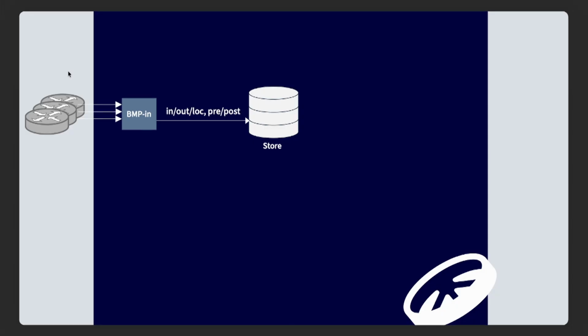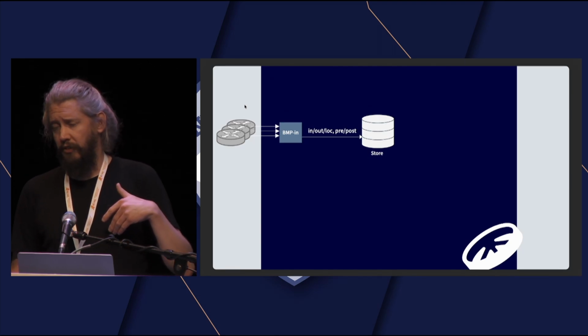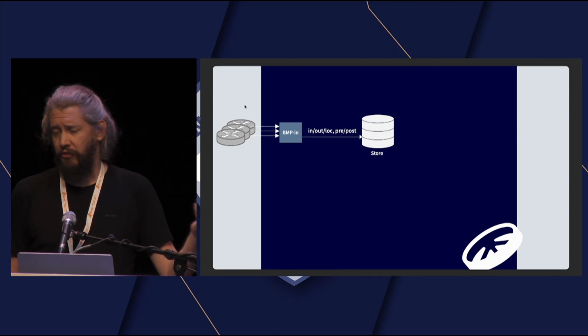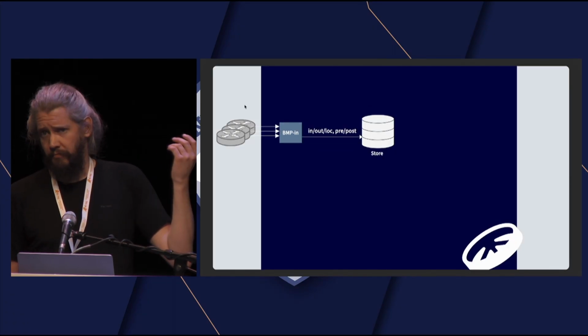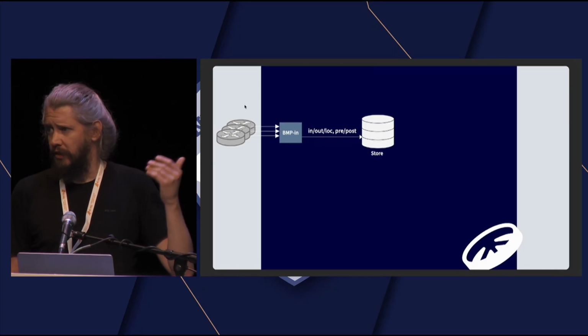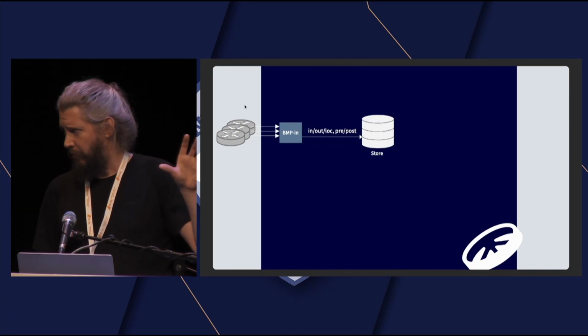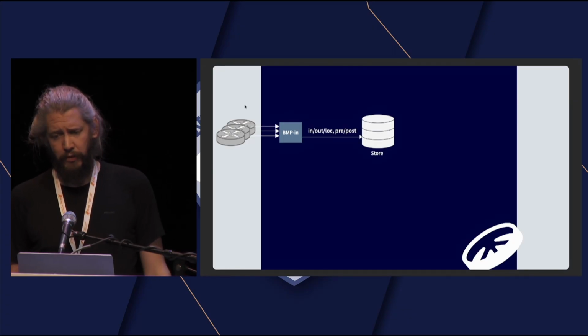So it can export information from your Adj-RIB-In pre local policy application, post policy application, and the same for your Adj-RIB-Out and also for Loc-RIB. And you can get this BMP stream from multiple routers. So this BMP ingress component is really like the fire hose of the application, if you will.